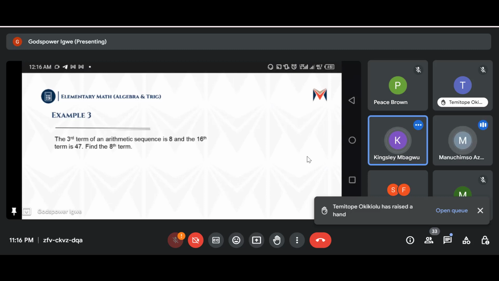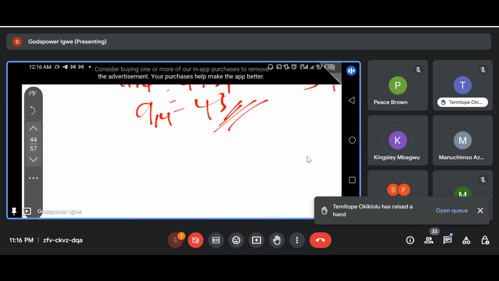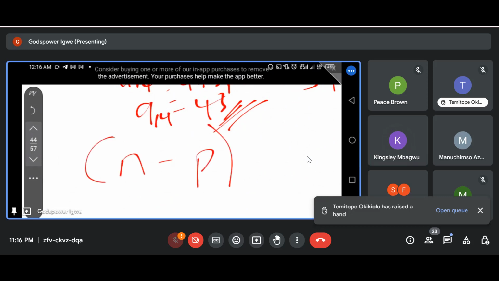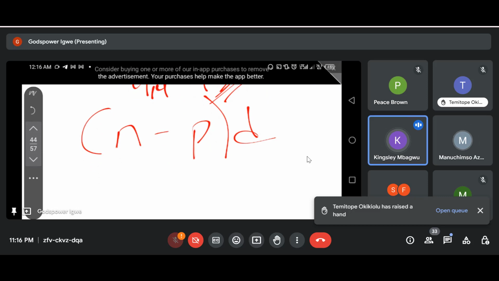I think we should use the formula for the difference of terms. We have that as a n minus a p equals n minus p times d, right? Yes.